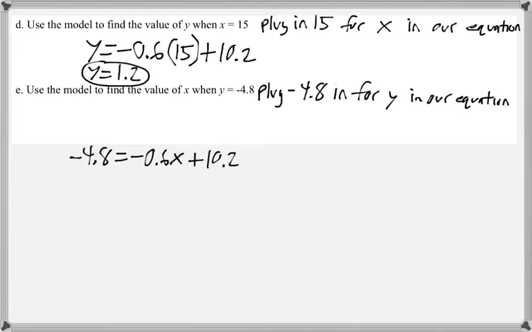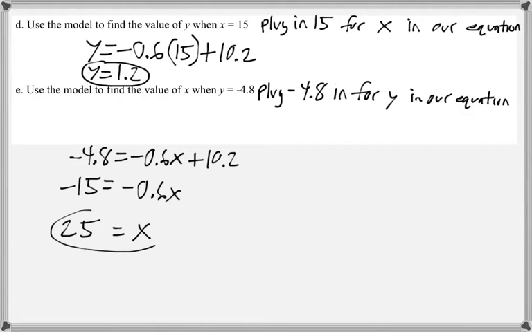And I want to solve for x. So if I subtract 10.2 from both sides, I get negative 15 is equal to negative 0.6x. And then if I divide both sides by negative 0.6, then x is going to be equal to 25. So a lot of steps on this one. It takes some practice, but once you get used to it, it's not quite as bad.